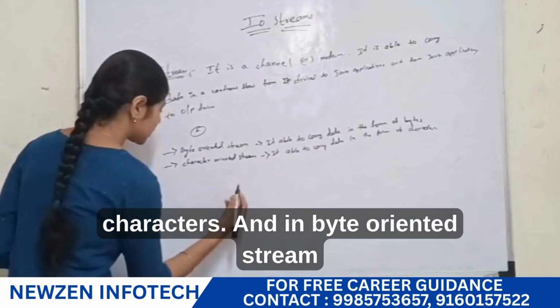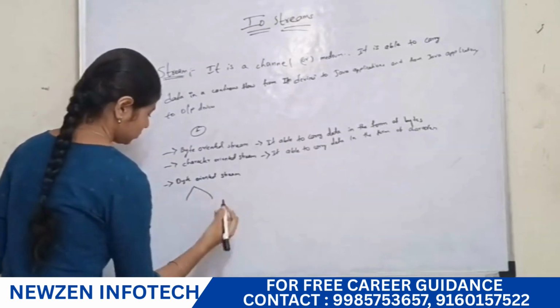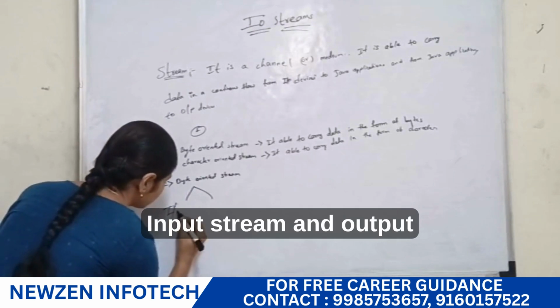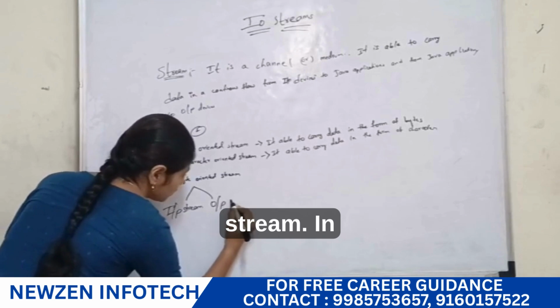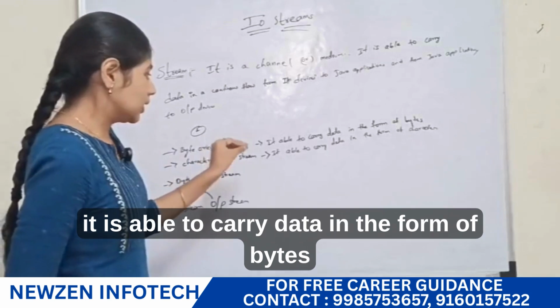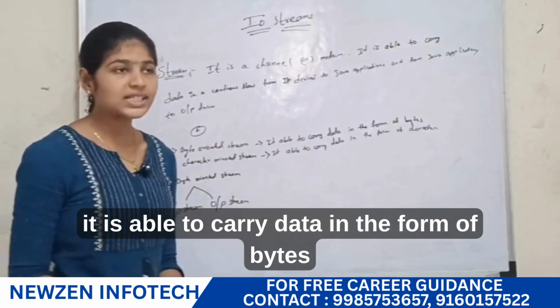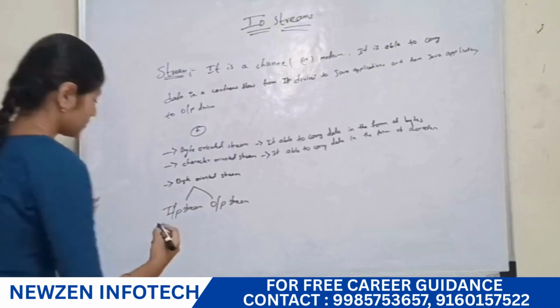And in byte oriented stream there are two types: input stream and output stream. An input stream is able to carry data in the form of bytes from input devices to Java applications.